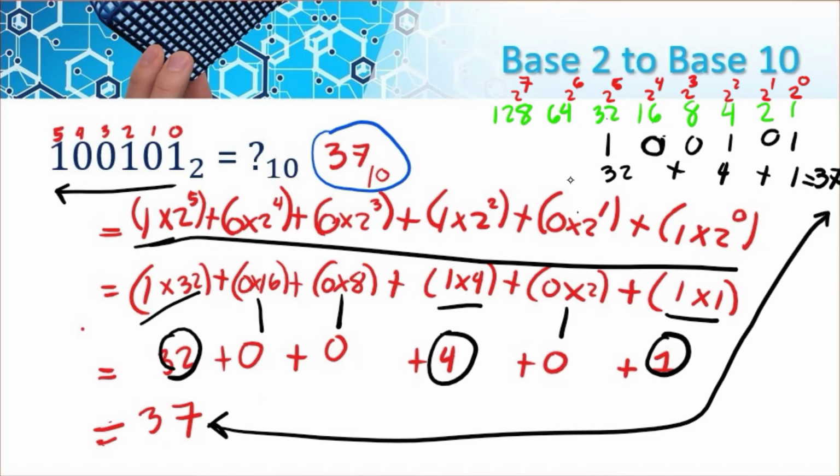It depends on your bits. It depends, class, on how many bits the number has. So if you have a number with 10 bits, you stop at the power of 9, because we start counting at 0. So 2 to the power of 9 is the last if we have 10 digits.